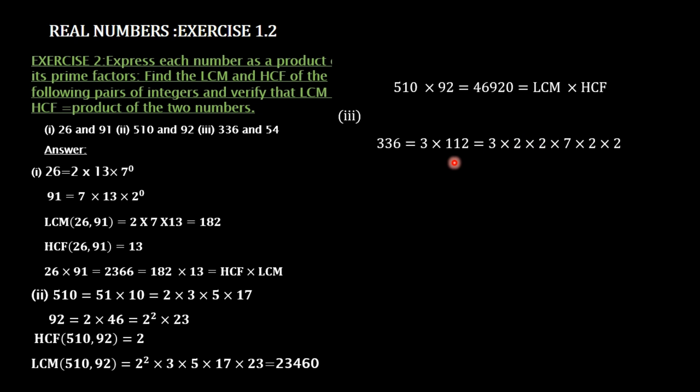Then what about the next term, that is 54? 54 is simple, that is 9 into 6, that is 2 into 3 into 3 into 3.